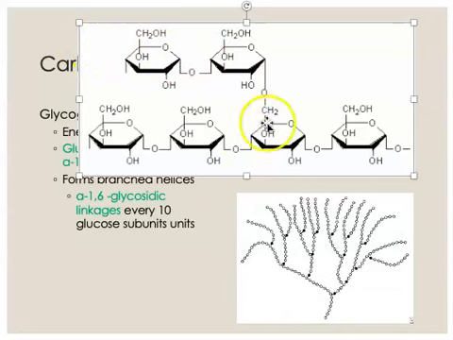In order for this branch to come off perpendicular like this, we can't have an alpha-1,4 linkage. We need a slightly different conformation, and that is alpha-1,6. So it's the first carbon and the number 6 carbon that are joined together, again with one of these alpha glycosidic linkages.